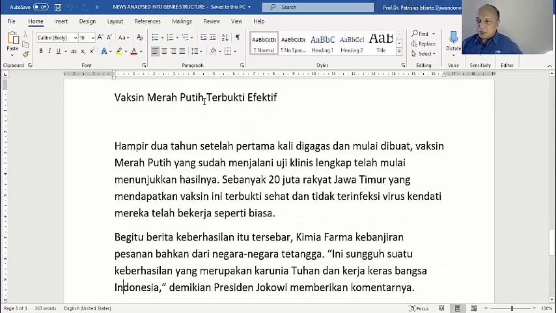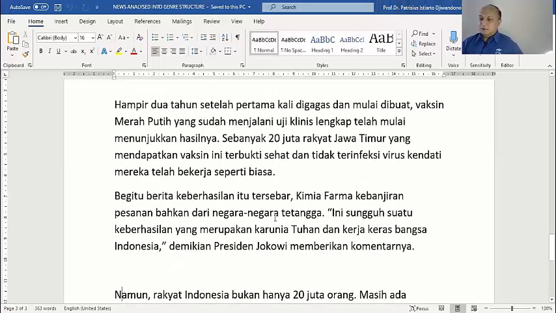Vaksin merah putih terbukti efektif. Hampir 2 tahun setelah pertama kali digagas dan mulai dibuat, vaksin merah putih yang sudah menjalani uji klinis lengkap telah mulai menunjukkan hasilnya. Sebanyak 20 juta rakyat Jawa Timur yang mendapatkan vaksin ini terbukti sehat dan tidak terinfeksi virus, kendati mereka telah bekerja seperti biasa.